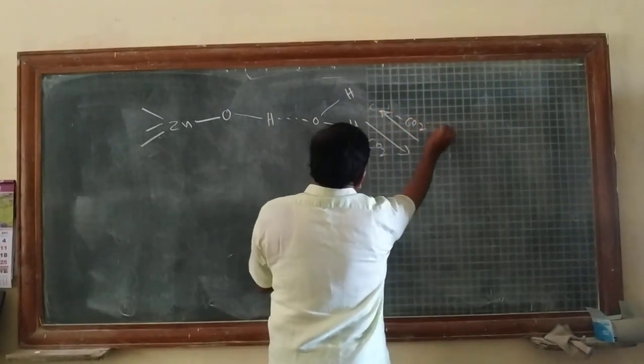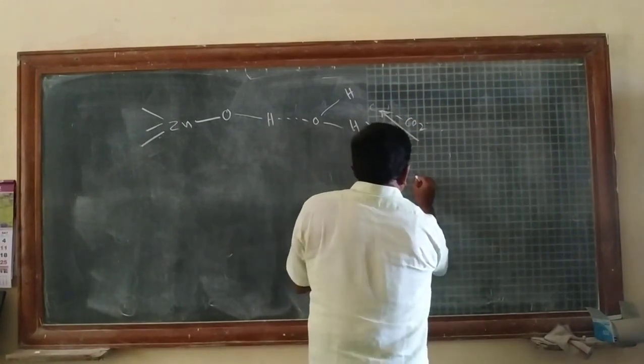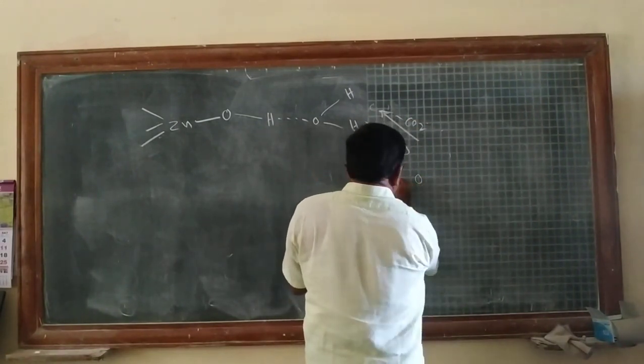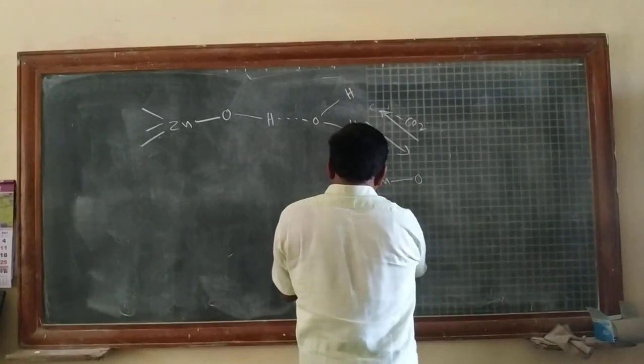This is N, minus carbon dioxide. So it will change its structure. It will be like this.